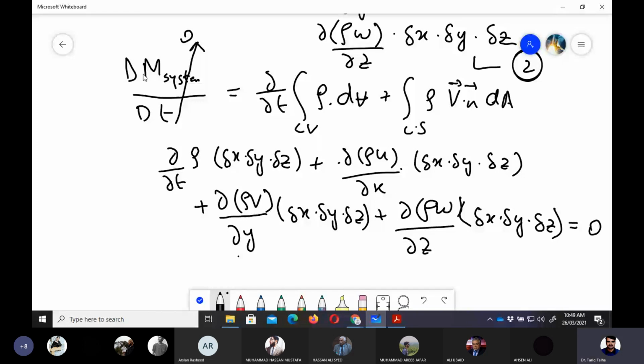It is equal to 0 because the rate of change of mass of the system is equal to 0.